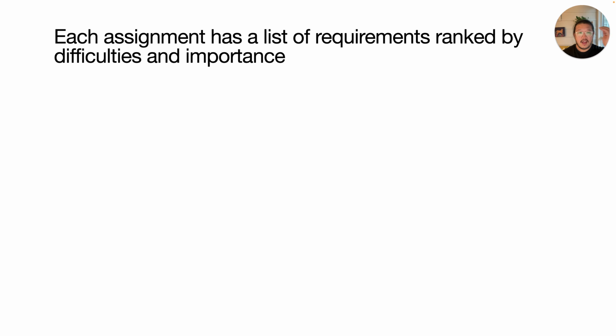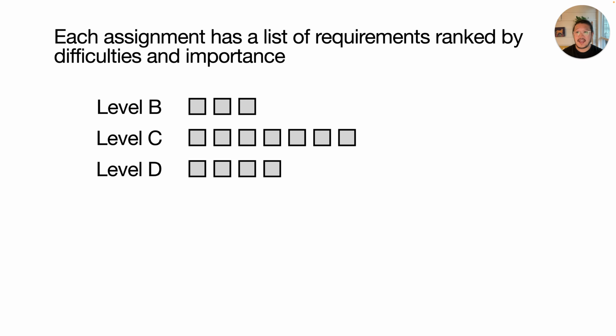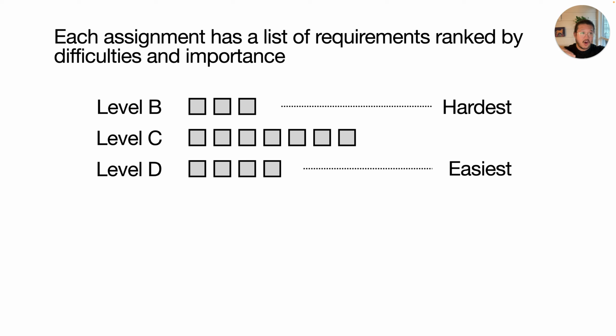Now, each assignment is also graded differently. Each assignment has a list of requirements ranked by difficulty and importance, and this is very much how you would approach work as an engineer, right? Level D requirements are the easiest, and level B requirements are the hardest.